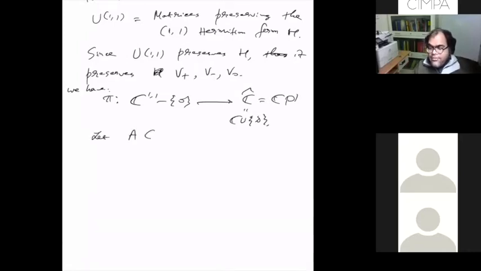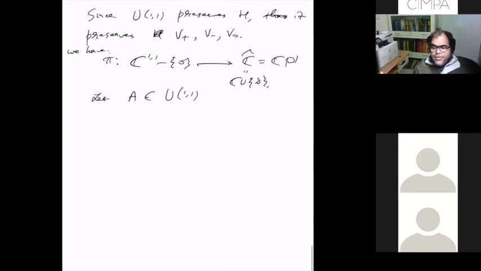Now, let A belong to U1,1. We can take determinant 1 here, no problem, because they are preserving a projective space.